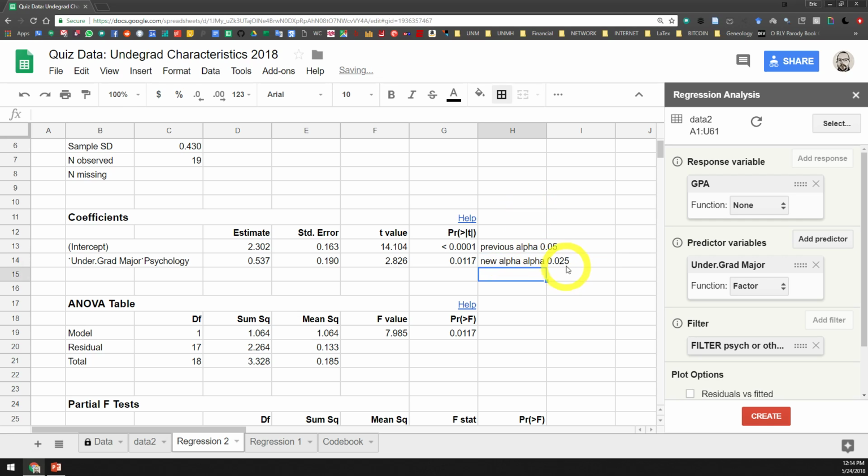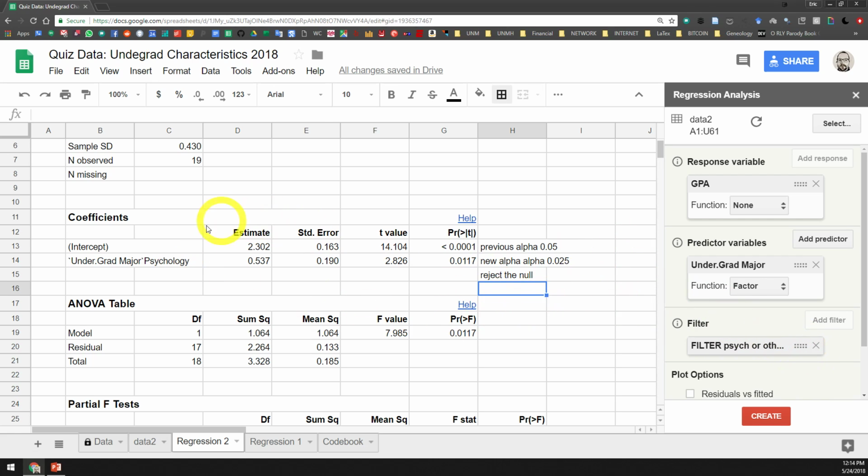And now what we're saying is, is this p-value 0.0117 less than this? And you say, yes, it is. So we're going to reject the null and say that psychology student majors have significantly higher GPAs than other science degrees.